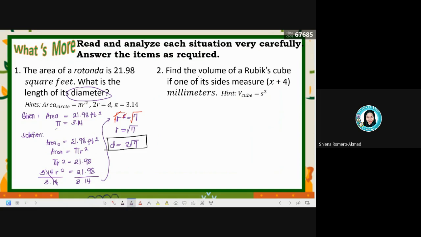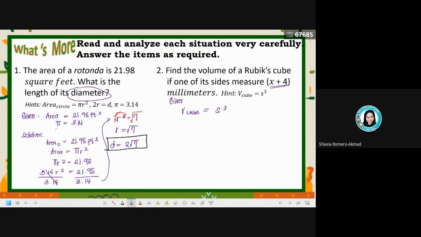So, for us to find the volume of the Rubik's Cube, we have to have its measure, yung side. Okay, the measure of its side is x plus 4. So, para makuha natin yung volume ng cube, we have to use this formula, which is s cubed. So, ano ba muna yung given?